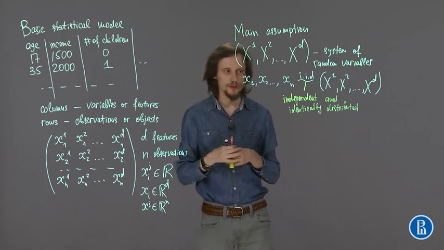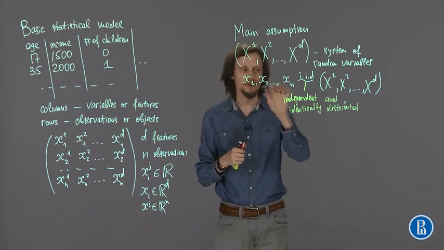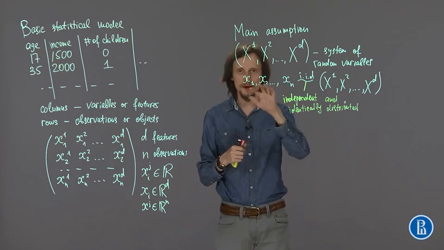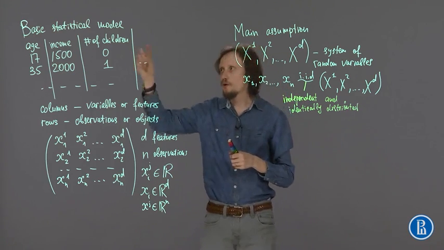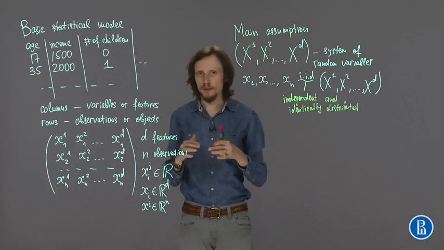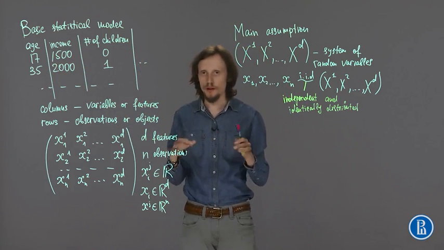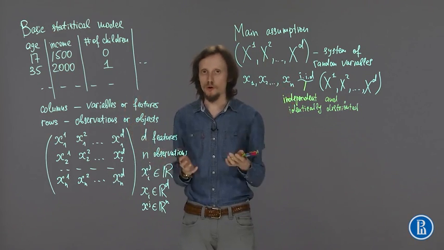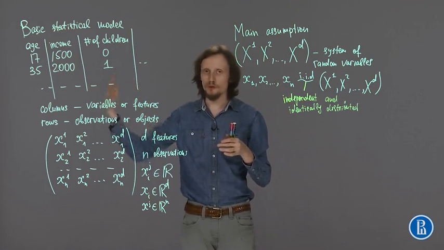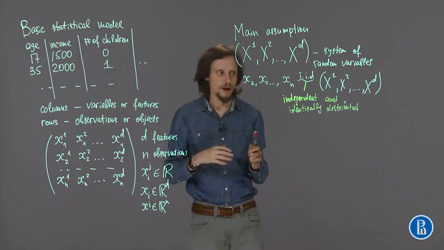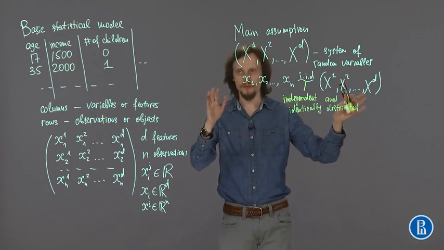So we assume that these variables are independent and they have the same distribution, that all rows of this table are obtained by sampling from the same population of all potential customers or all potential participants of our study. This is our basic model.